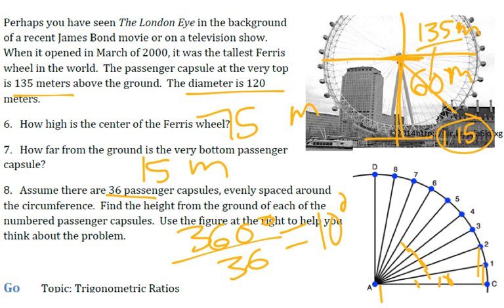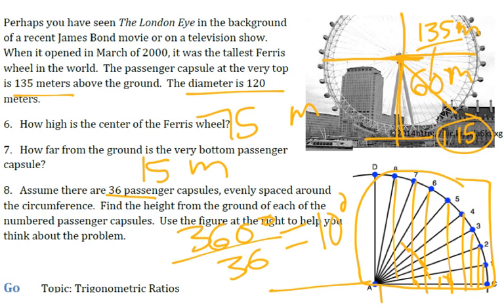You can make a bunch of triangles here. You know the hypotenuse of each one. And if you think about it, if you know this one quarter, you can figure out the other quarter and the other quarter. So I want you guys spending time on this one. This is good practice for you guys to get it. You're going to use those trig ratios.